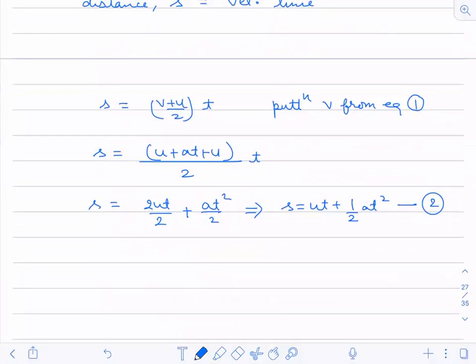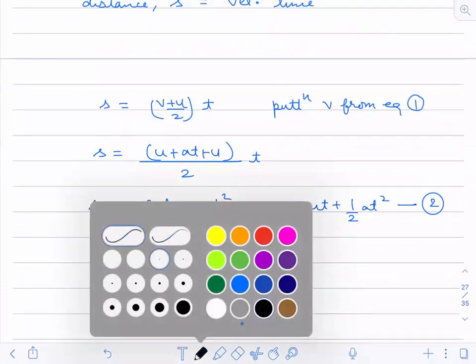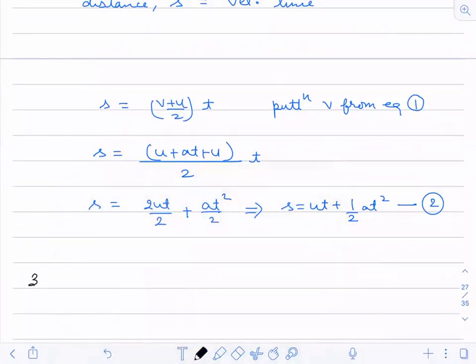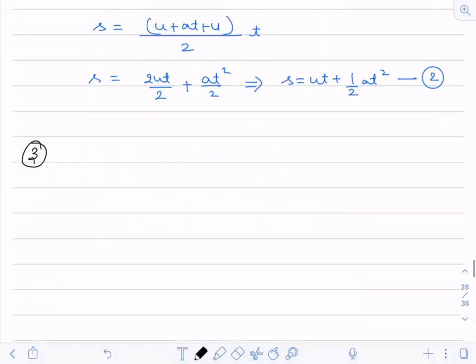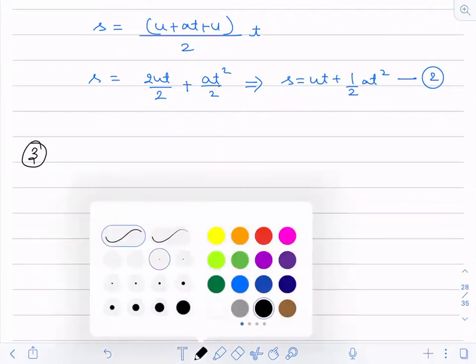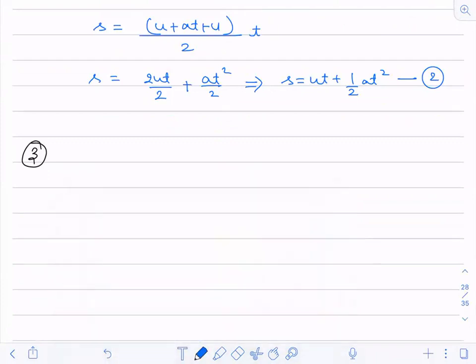Now the third speed equation. We have already calculated from equation 1 that v equals u plus at, and the second equation we have just found out.